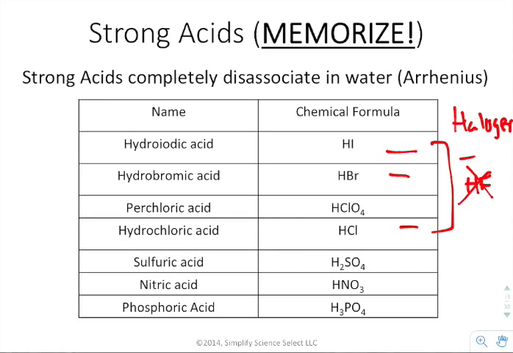Those are the ones that you're interested in. Then you have the ates: sulfate, nitrate, and then perchlorate. So because of that, those right there are considered to be strong acids as well. So you have the 3 that are the halogens, and then you have the ates. And if you can remember those are the 7 strong acids, and you do need to memorize those. Those will come up.